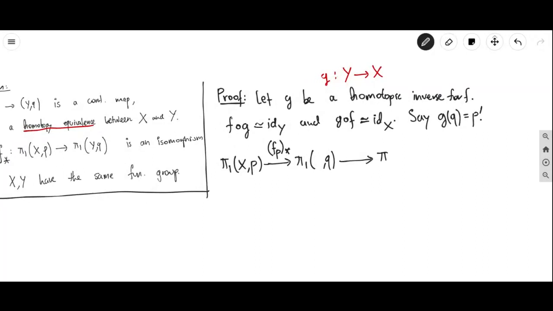I wrote an X over here. I, of course, meant Y. And this is going to be G star, pi 1 of X comma P prime, like this.